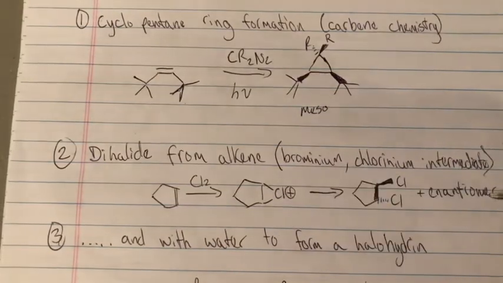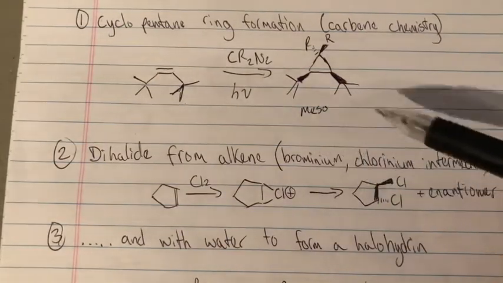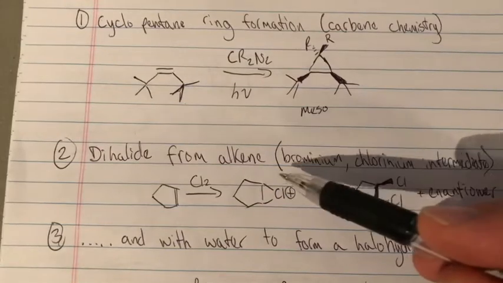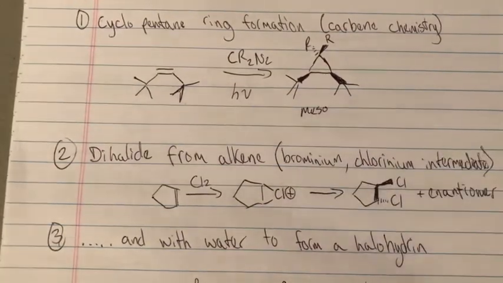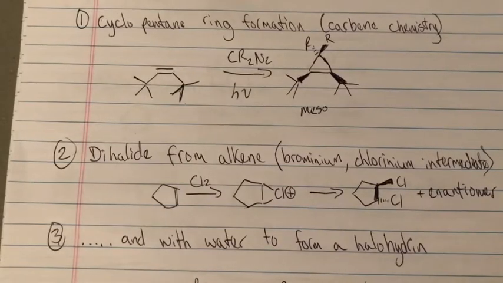Either carbon is going to be highly electrophilic, and you will have some nucleophile that will come in and pop this ring open, and you'll have a mixture of different products.